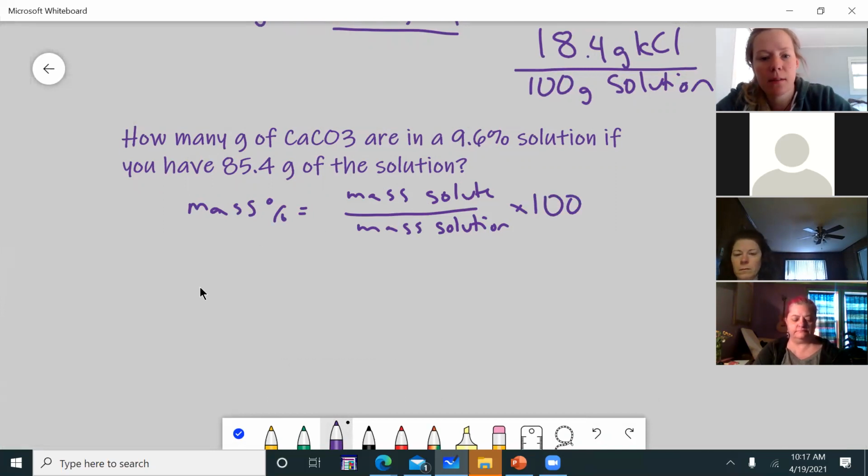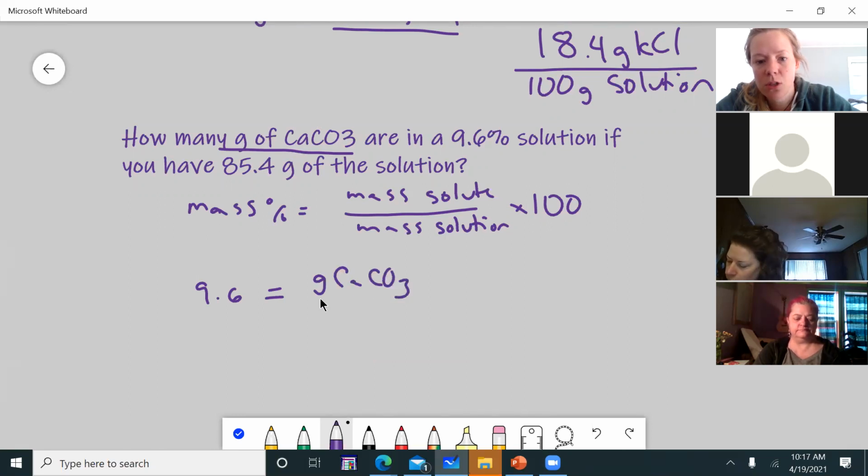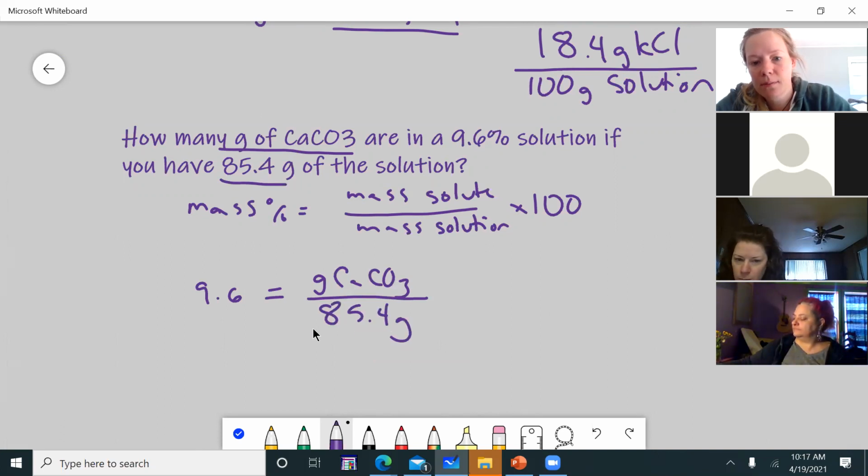We have mass percent, it's 9.6. Mass of solute is this thing. The solute is whatever's getting dissolved. So we're trying to find that, grams of CaCO3. Do we know the solution mass? Yeah, we have it here, 85.4 grams. And we multiply this whole thing by 100. So we just want to isolate for this.